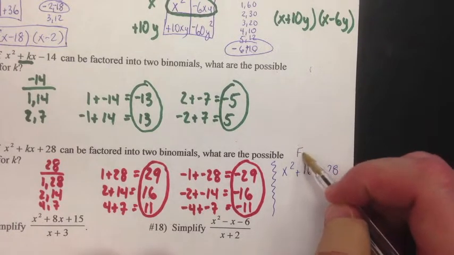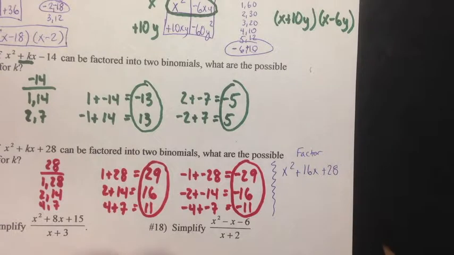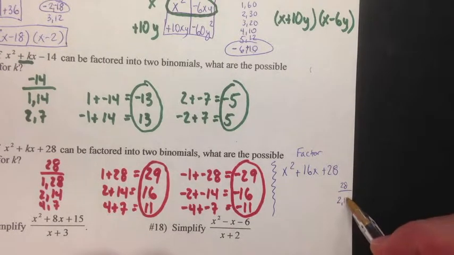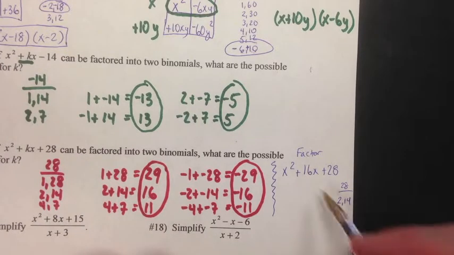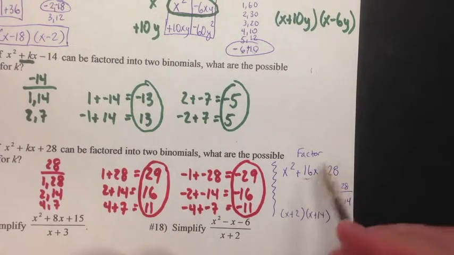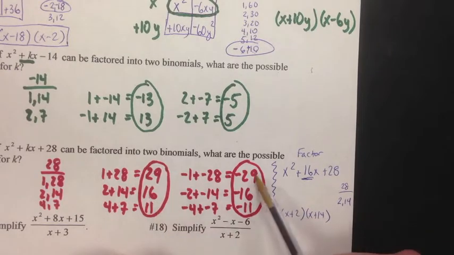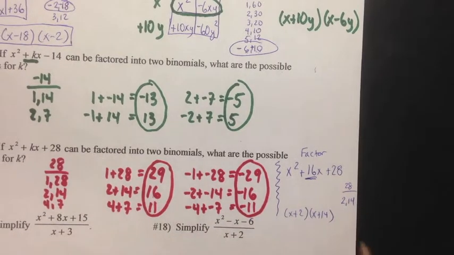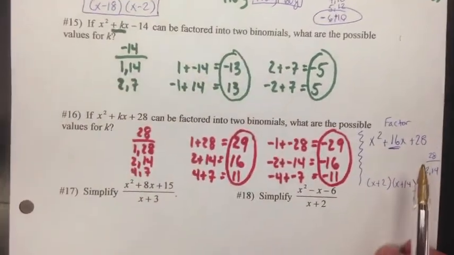If I said go ahead and factor this, well, you would do the 28, and your combination would be 2 and 14, and you'd have x plus 2 times x plus 14. That would be your answer. So does this work where the middle term is 16? Yes, it does. All of these are going to work. We're basically working it backwards.